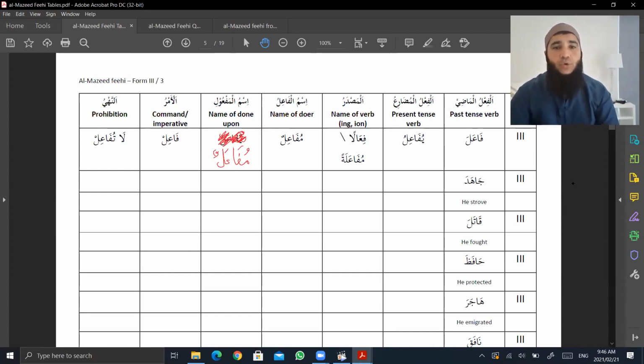Fa'ala yufa'ilu, fi'alan, mufa'alatan, mufa'ilun, mufa'alun, fa'il, la tufa'il.